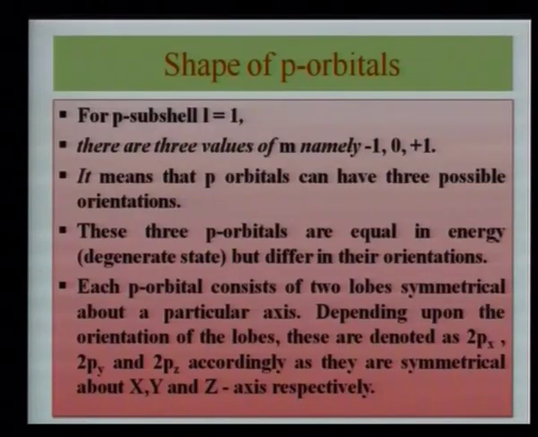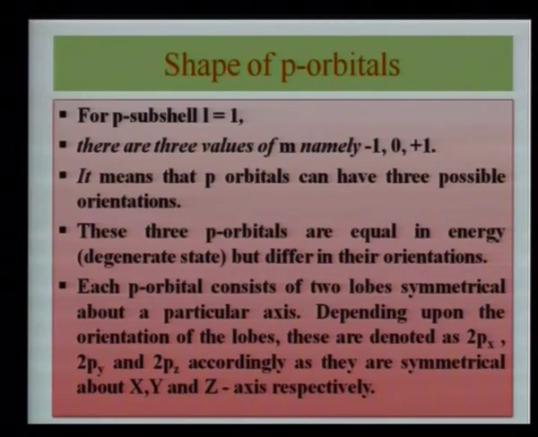Now, p orbitals have a dumbbell shape. They have three different orientations because m will be -1, 0, +1. So three orientations are possible, that is px, py, pz. It means the p orbital can have three possible orientations.